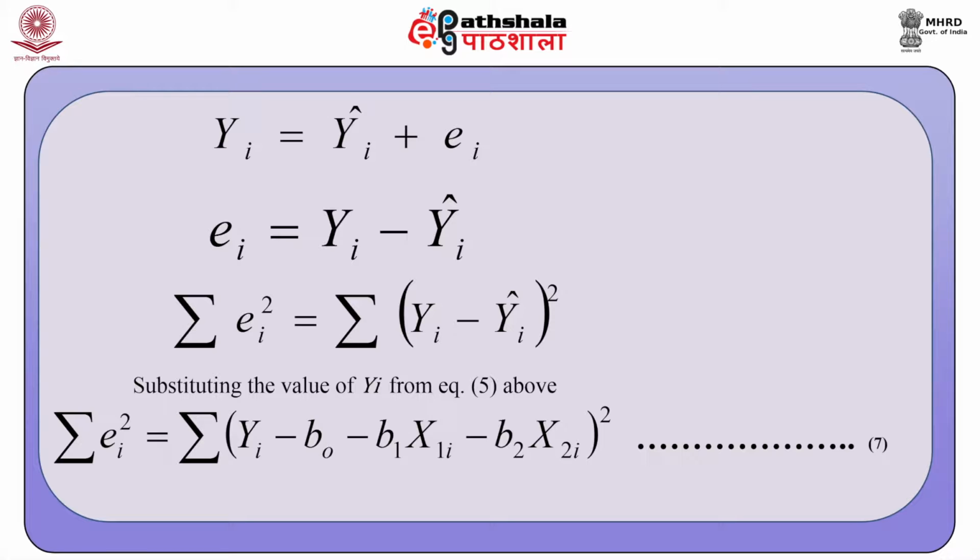Sigma ei square is equal to sigma yi minus yi cap whole square. Substituting the value of yi cap from equation 5, we get sigma ei square is equal to sigma yi minus b naught minus b1 x1i minus b2 x2i whole square.